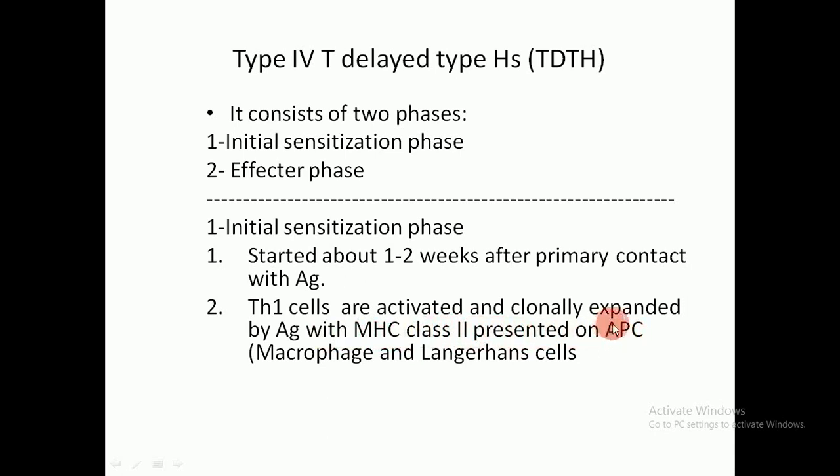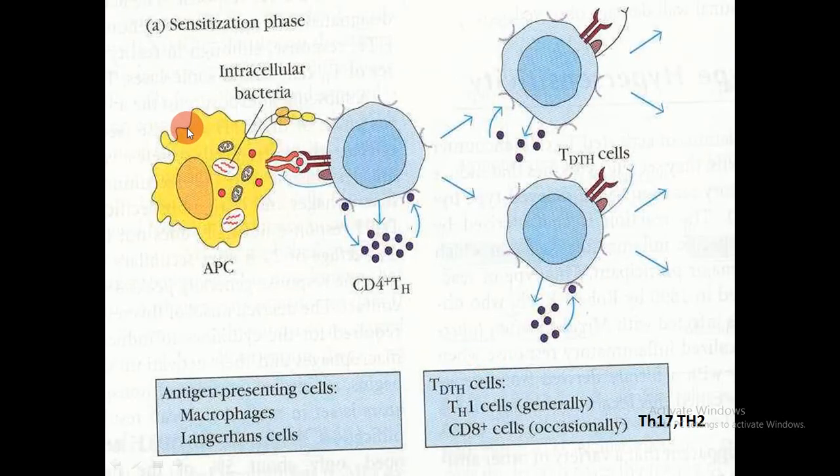What are these antigen presenting cells? They include macrophages and Langerhans cells. And here the macrophage, and here the T helper 1.